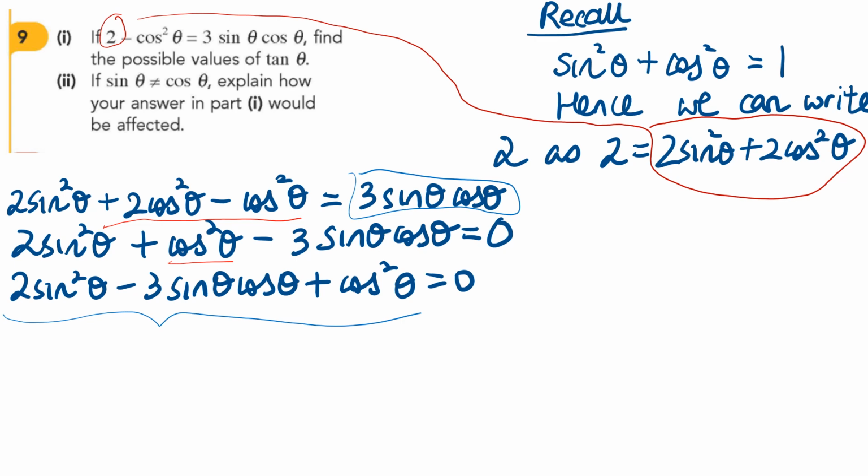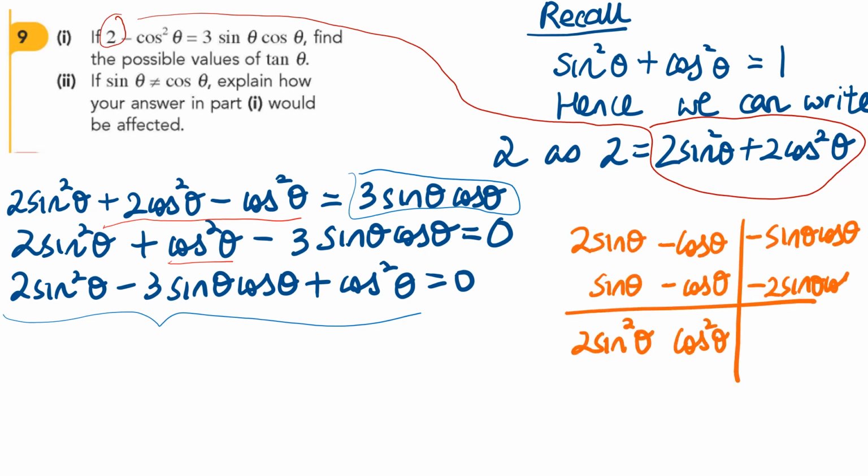So what do you do with the quadratic equation? Yes, you factorize it using the cross method. Here you can't use your calculator because you're dealing with variables. So you have to use the cross method to factorize it. So 2 sine theta times sine theta will give you 2 sine squared theta.